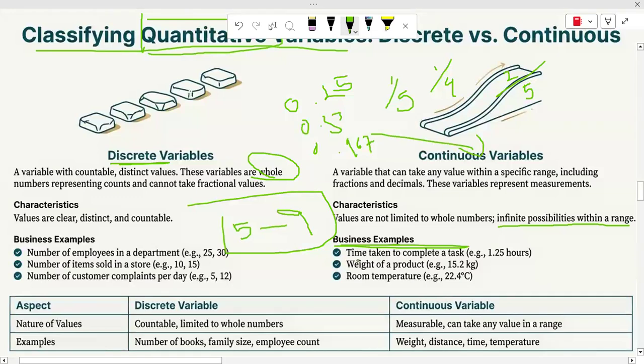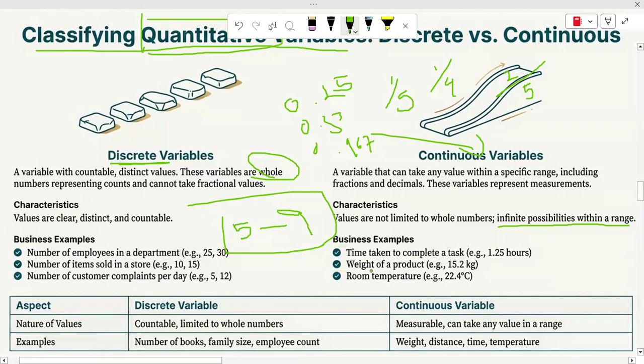Examples: the time taken to complete a particular task, 1.2 or 1.25 hours, 5 hours, 6 hours, 2.5 hours, 7.5 hours. The weight of a product: 12 kilograms, 5.2 kilograms, 15 kilograms, 25.5 kilograms.